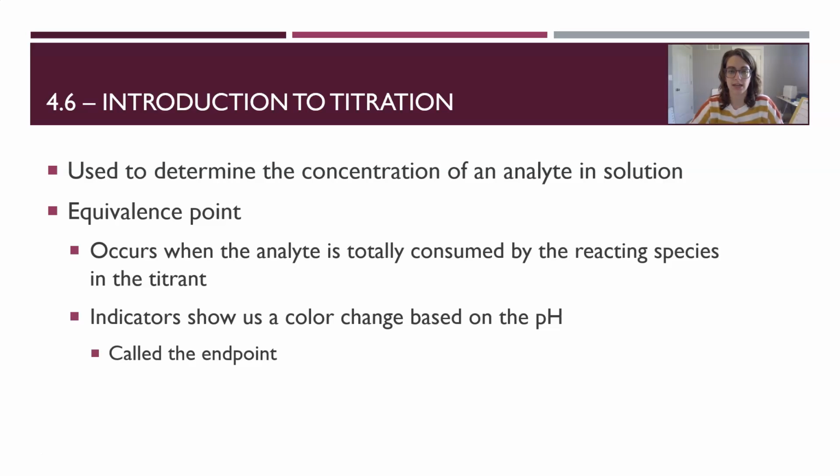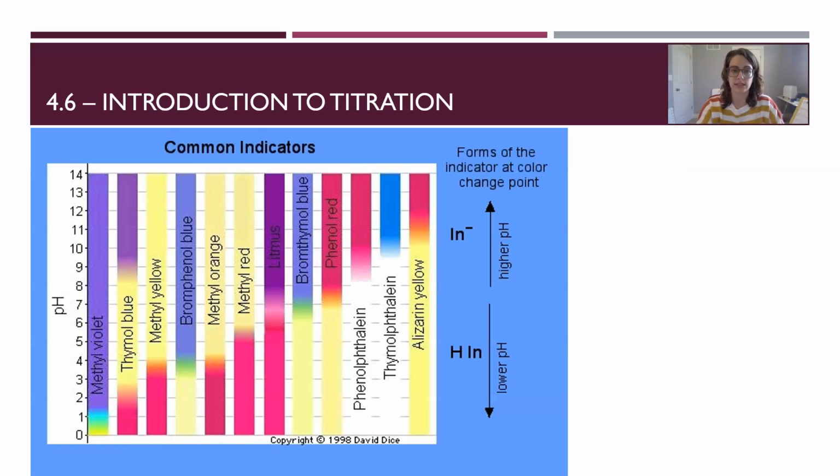The end point is when the color changes for the indicator. Now, this all depends on pH, so what indicator you use depends on what pH your change is going to occur.